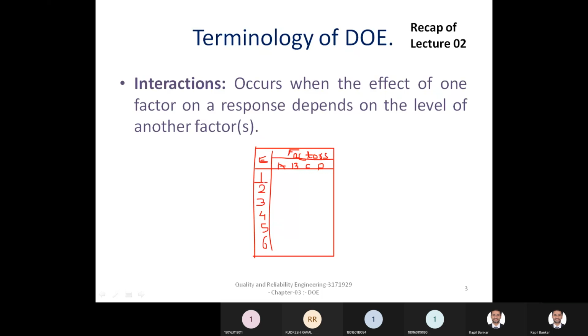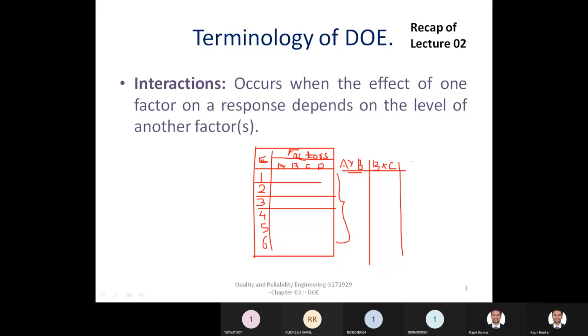So each and every experiment has some factors and its interactions. This is factor A, this is B, C, and D. Suppose here A and B are there. So this is called the interaction of these two factors, A and B. Then B and C, this is the interaction between these two factors.